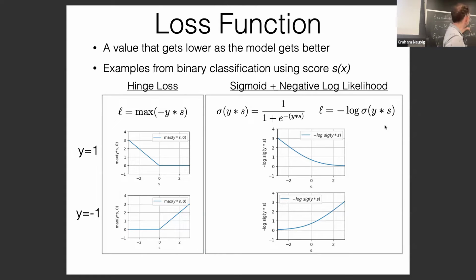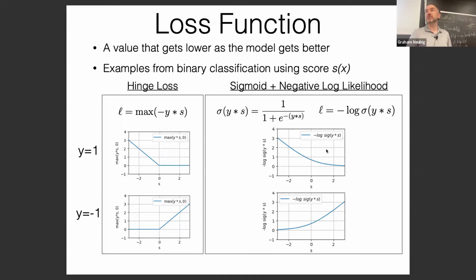It's a function where the slope around 0 is large, that's the tangent, and it's between 0 and 1. And so this negative log likelihood basically is very similar to the hinge loss.